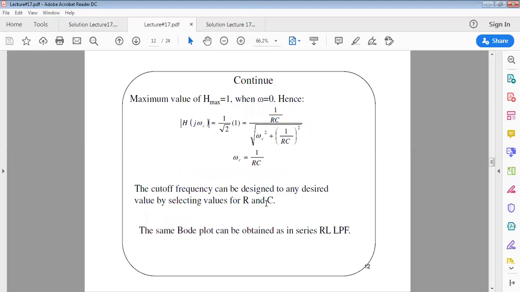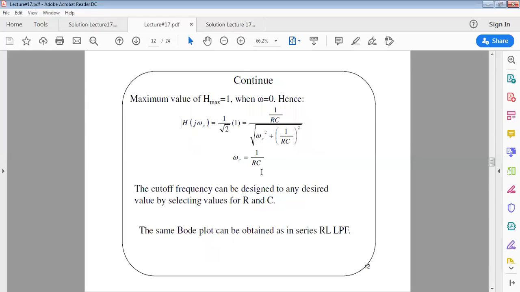So similar to what we have learned before, for an RC circuit of low pass filter, the cutoff frequency is calculated based on the equation of 1 over RC.